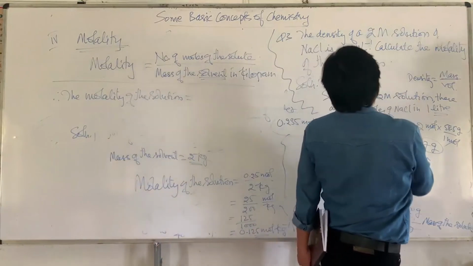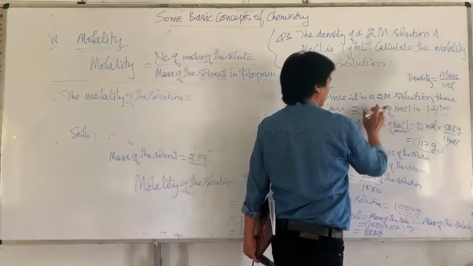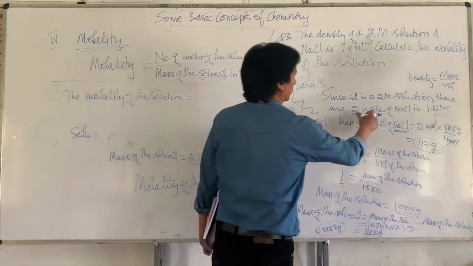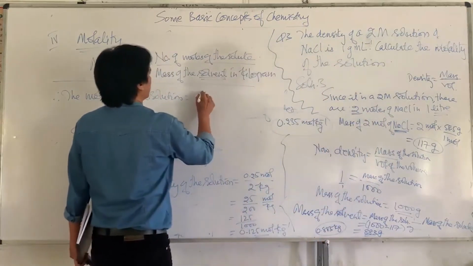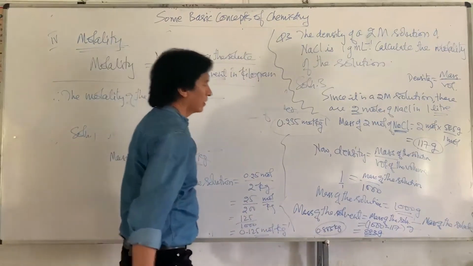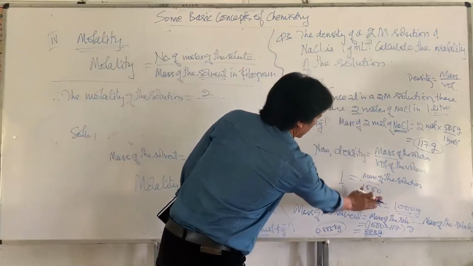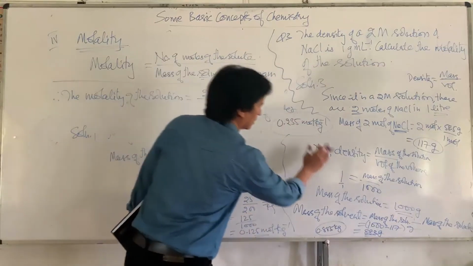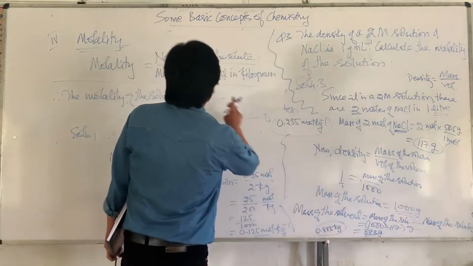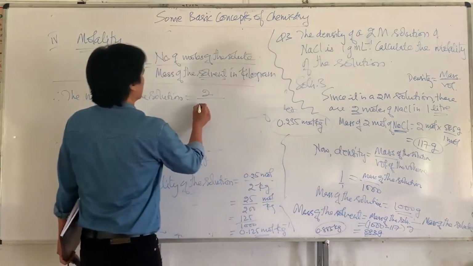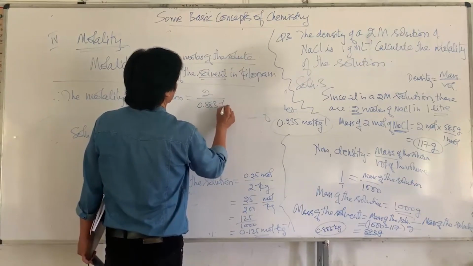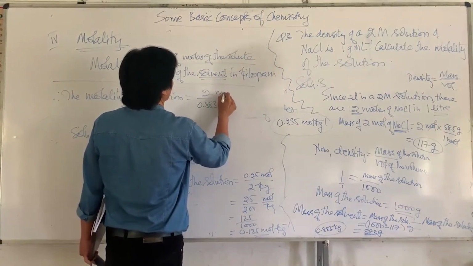Since it's a 2 molar solution, you're taking 2 moles of the salt in 1 liter, so you put 2 here, divided by mass of the solvent in kilograms. After doing all this, you found the mass of your solvent, that is water, to be 0.883 kg.